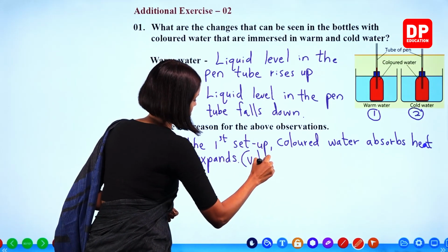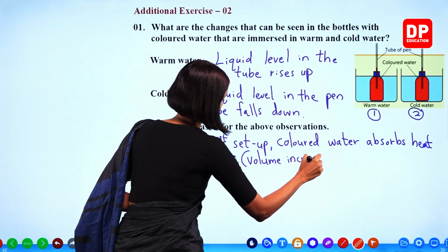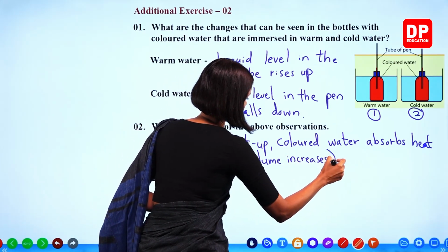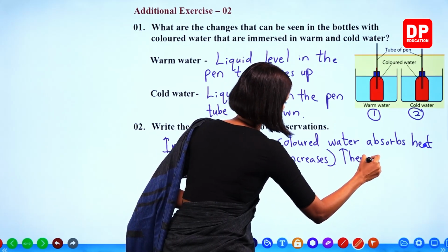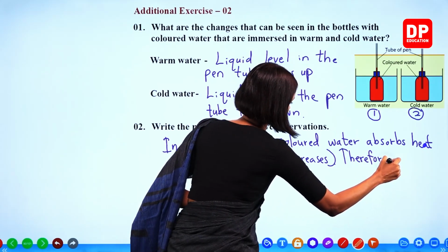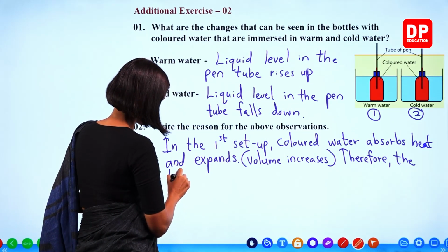Volume increases. Therefore, the liquid level goes up.